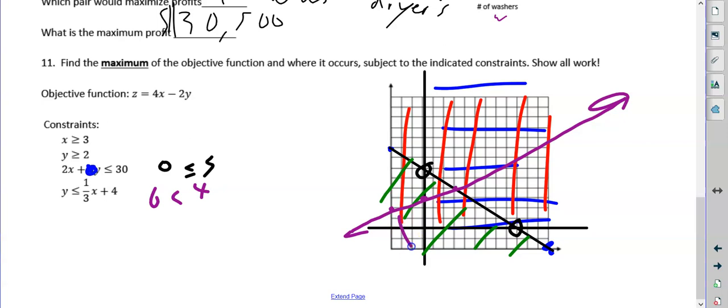That's true. So I'm coloring this way now. And so I'm looking for my area of intersection. And that's going to be right here, right here, right here, right there.